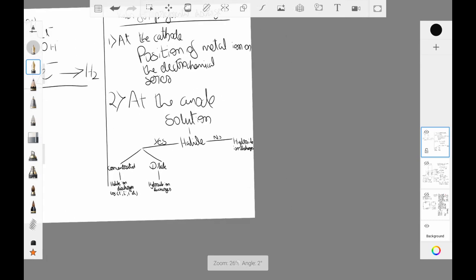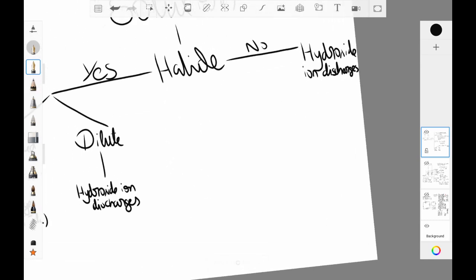So now let's look at the discharge of a hydroxide ion. This formula is going to be a constant. Anytime a hydroxide ion is to discharge during an electrolysis experiment, you're going to have to keep this equation as a constant and balance the other equation accordingly, if that makes sense.